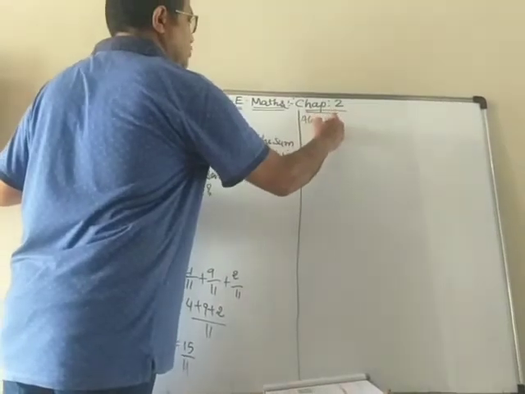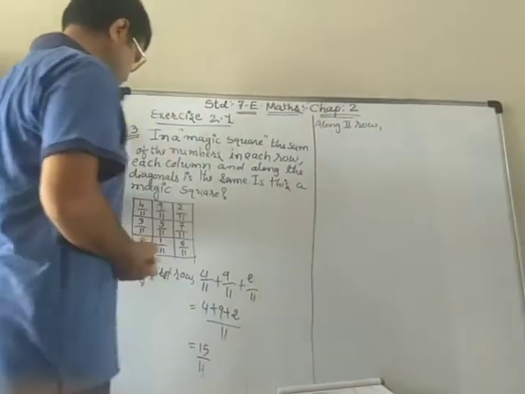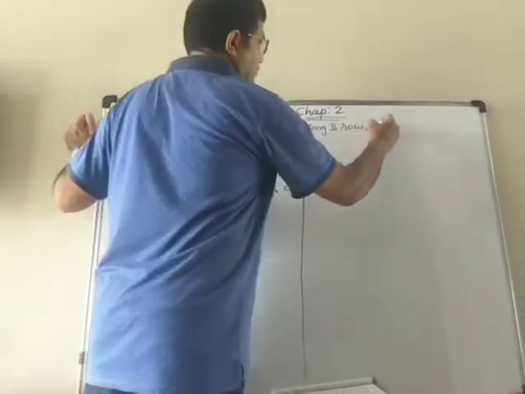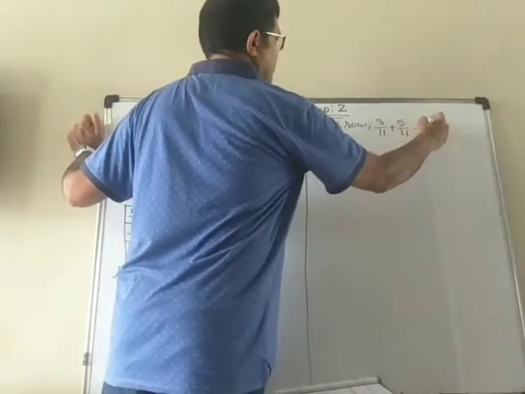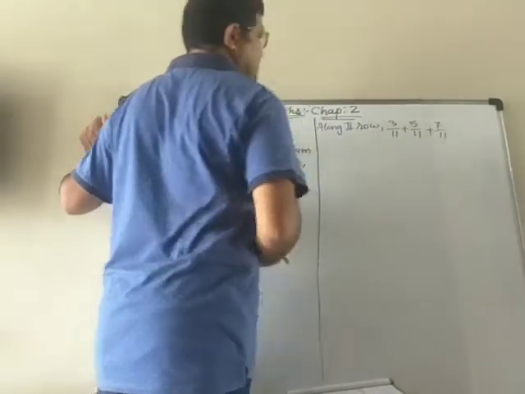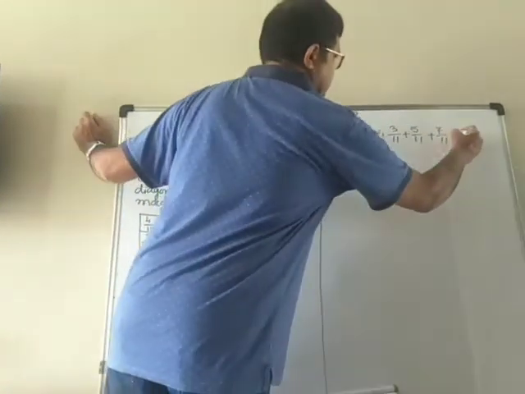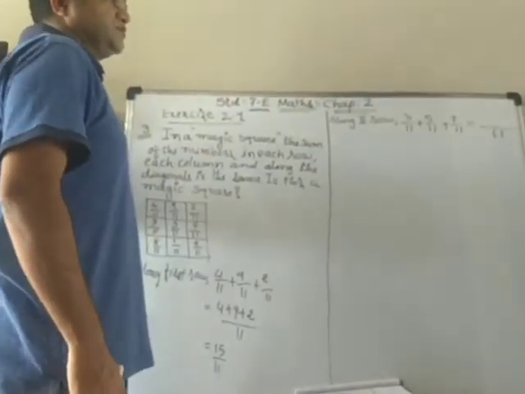Along the second row, 3 upon 11, 5 upon 11, 7 upon 11. 3 upon 11 plus 5 upon 11 plus 7 upon 11. So you can see that we can do it directly also because all the denominators are equal.